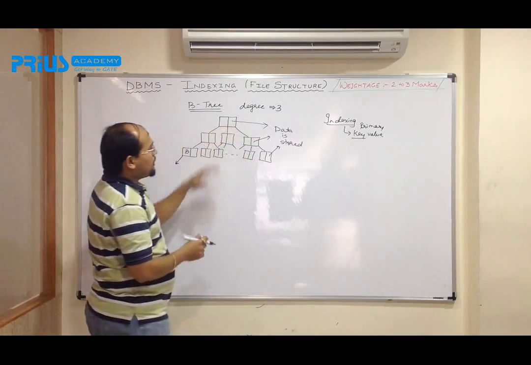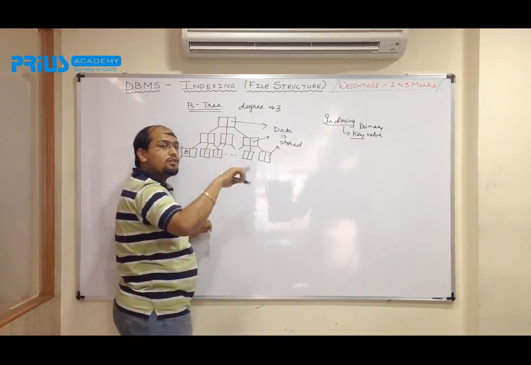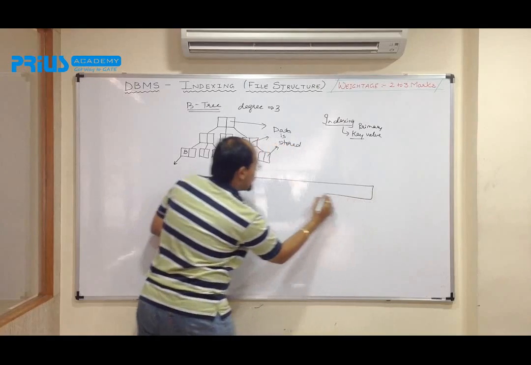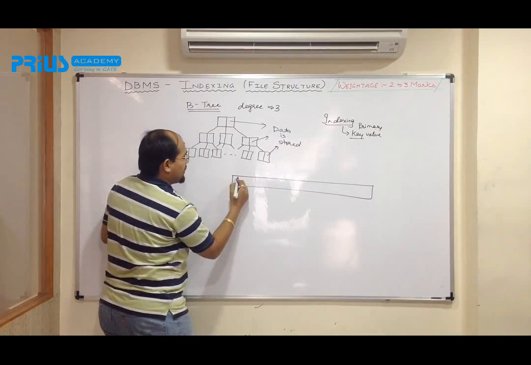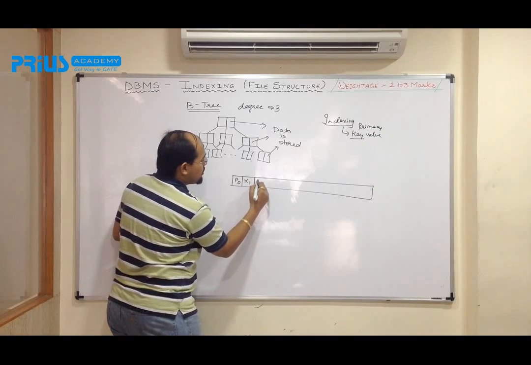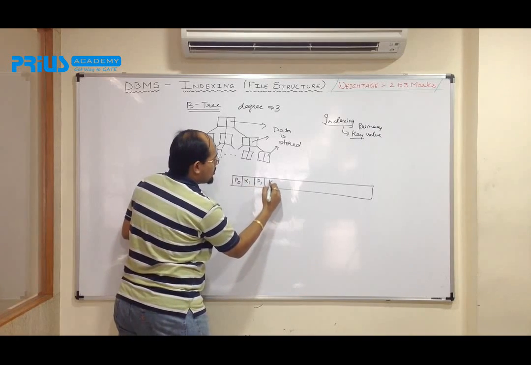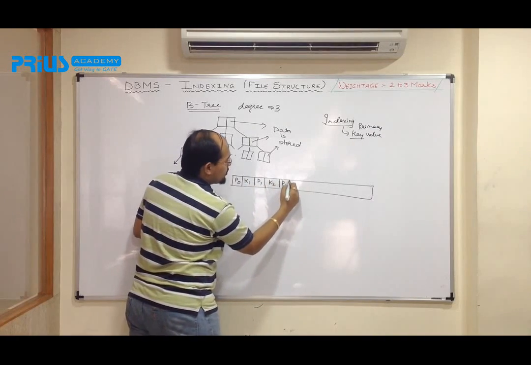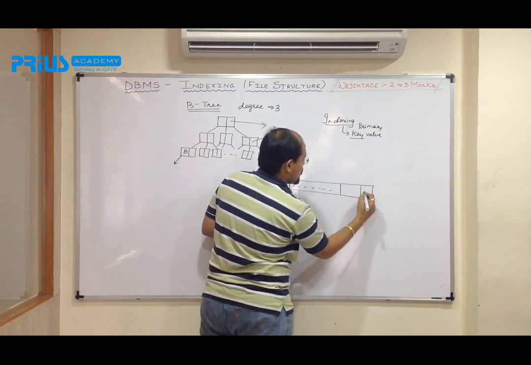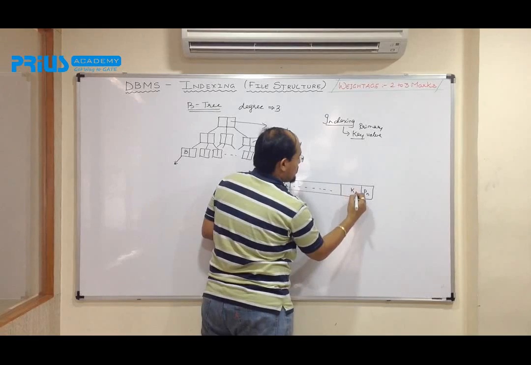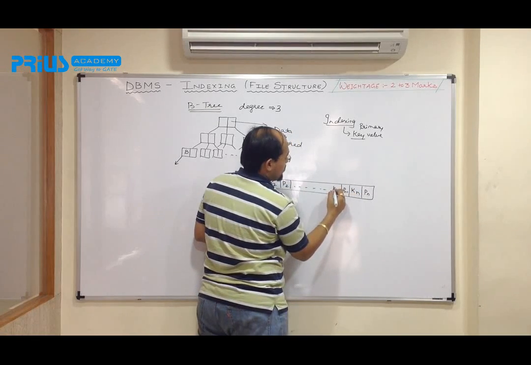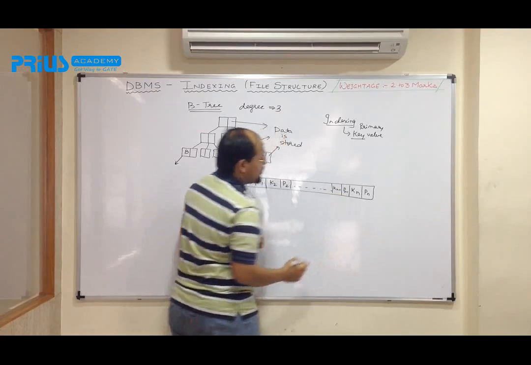So now coming back to this, for each key value I will have some pointers. I can define a general structure like this: pointer 0, key 1, pointer 1, key 2, pointer 2, up to pointer n, and before it pointer n-1 and key n-1.